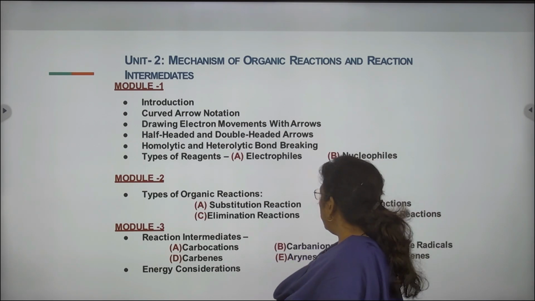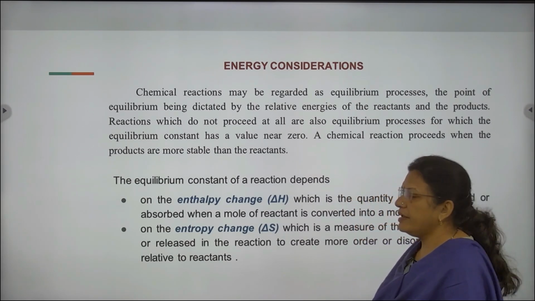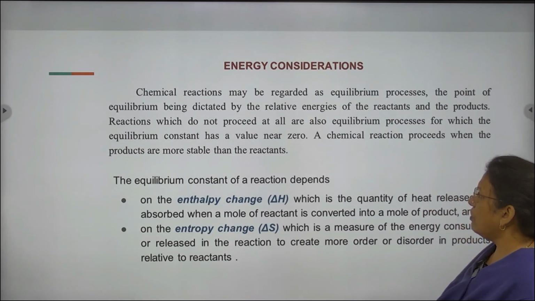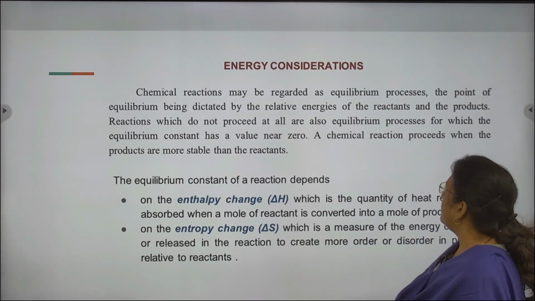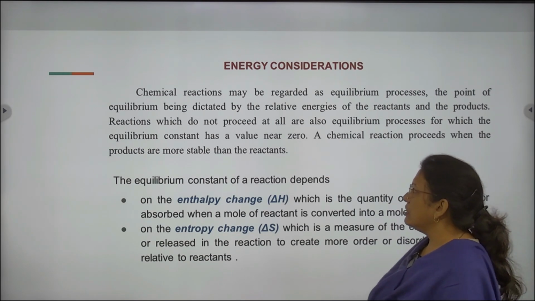Today we will be continuing with energy considerations. Chemical reactions may be regarded as equilibrium processes, the point of equilibrium being dictated by the relative energies of the reactants and the products.